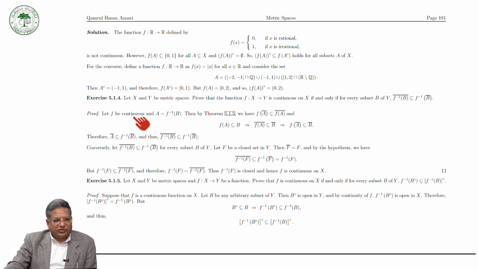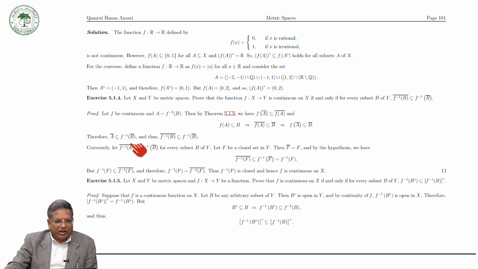So let f be a continuous function, and we can treat f inverse of B as equal to A. Then by the previous theorem, for every subset A of X, f of the closure of A is a subset of the closure of f of A. But f of A is a subset of B, so the closure of f of A is a subset of the closure of B. It means that f of the closure of A is a subset of the closure of B. Now operate f inverse on both sides, and then we will get this one.